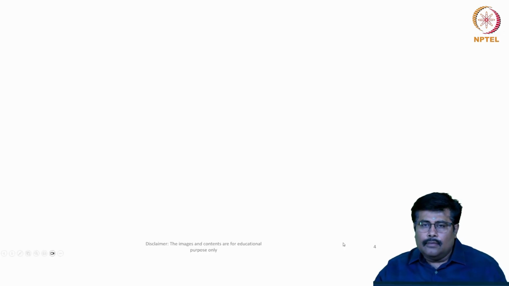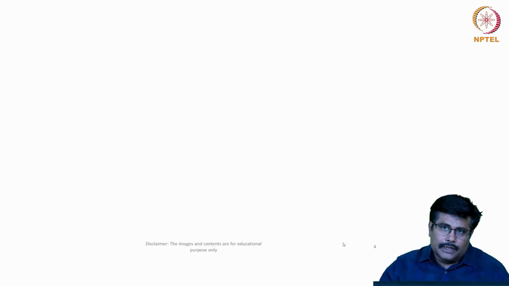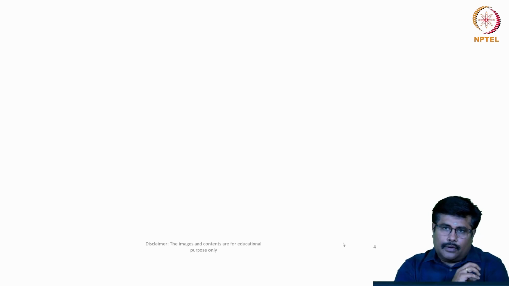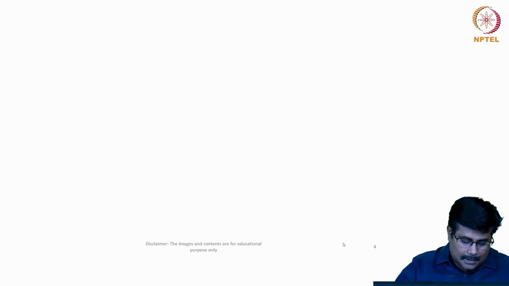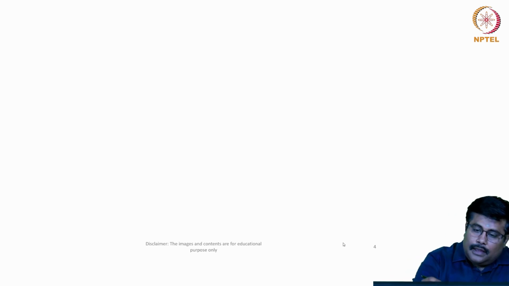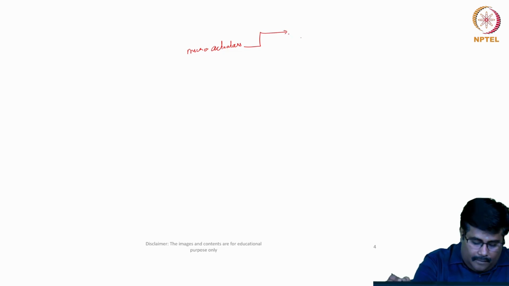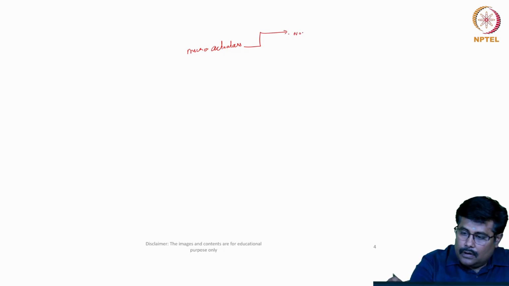So there are wide varieties of micro actuators, which we have seen with reference to different functionality. In fact, shape memory alloys are used, micromotors are there. Now, overall, if we try to classify these micro actuators, they can be classified under three different categories. One, we call it a non-contact actuator.